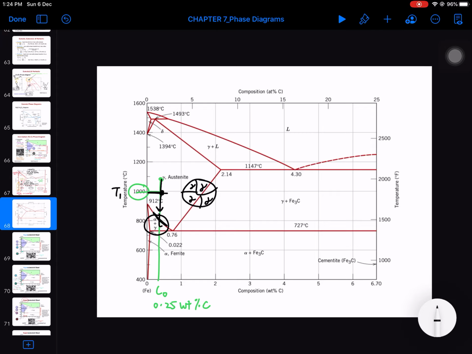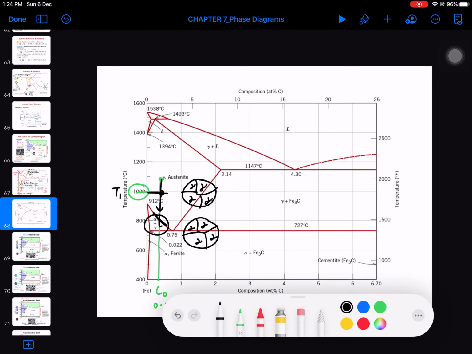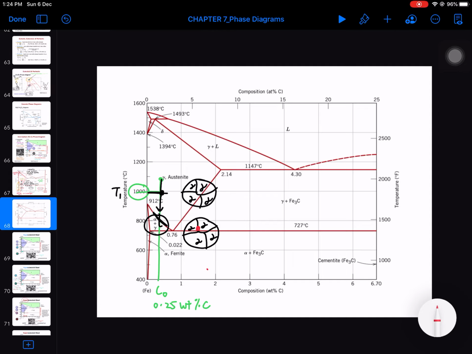So how does the resultant microstructure look like? Just now, we know this is how the austenite looks like. But as we cross the phase boundaries, some of the alpha ferrite will start to exist. Alpha ferrite within austenite will start to grow on the grain boundaries of the austenite.